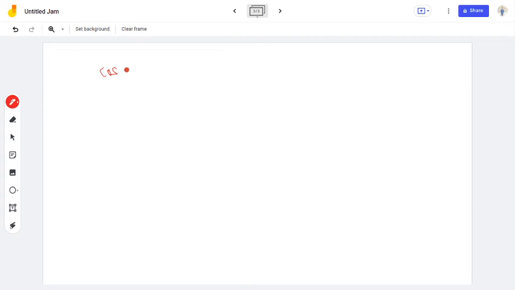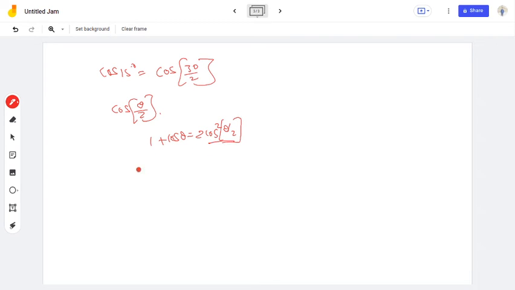See how to find the value of cos 15. Cos 15 can be written as cos of 30 by 2, right? What is cos theta by 2? See, 1 plus cos theta is equal to 2 cos square theta by 2. So cos theta by 2 is equal to the square root of (1 plus cos theta) by 2.